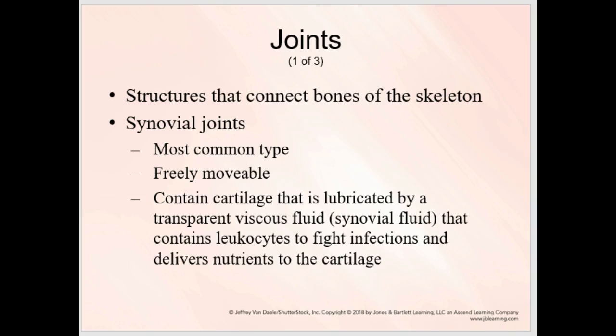It helps to fight infections and deliver nutrients to the cartilage, but it also lubricates and protects the joints themselves. Don't forget, where synovial joints are, there's a lot of movement, and with a lot of movement comes a lot of stress to a joint.